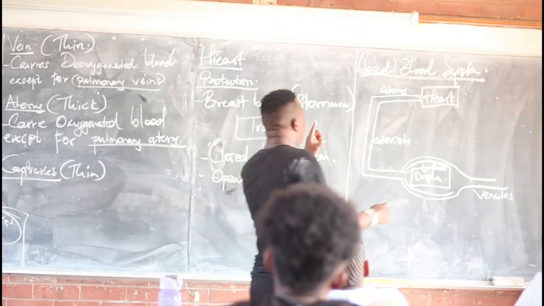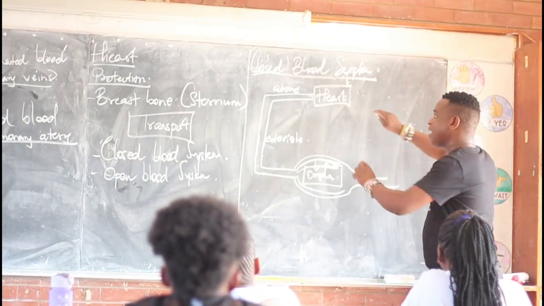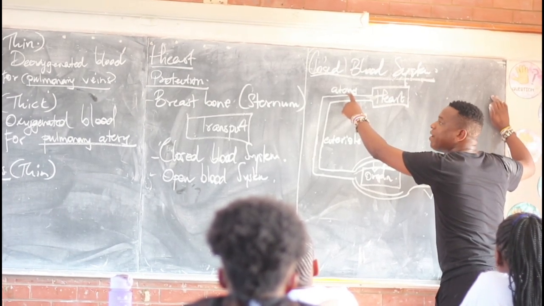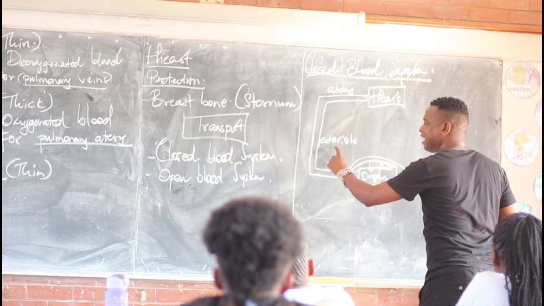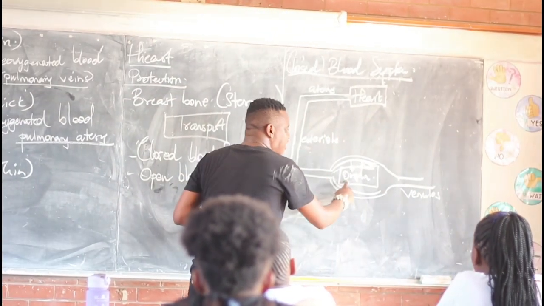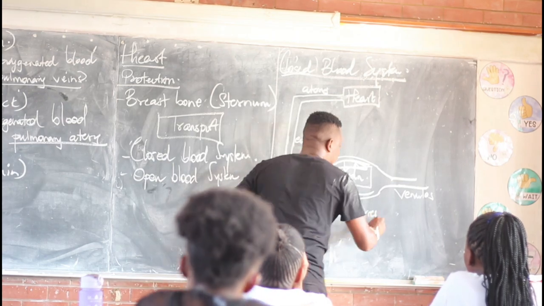So we are now returning back to the heart. We left the heart using the artery, then the artery became arterioles, and when the arterioles reach the organ, they become capillaries.